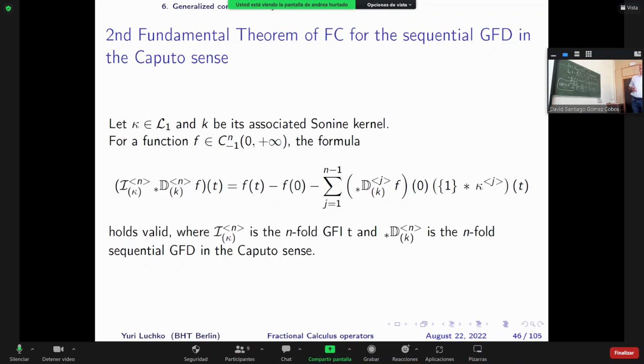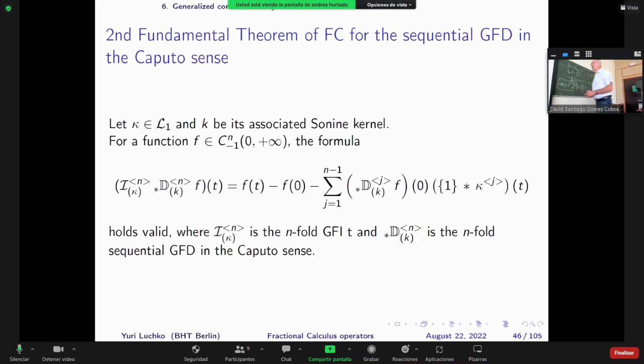For the Caputo type fractional derivative, sequential derivative, the second fundamental theorem looks differently. You see here that we get the term f of 0 and then some convolutional terms.